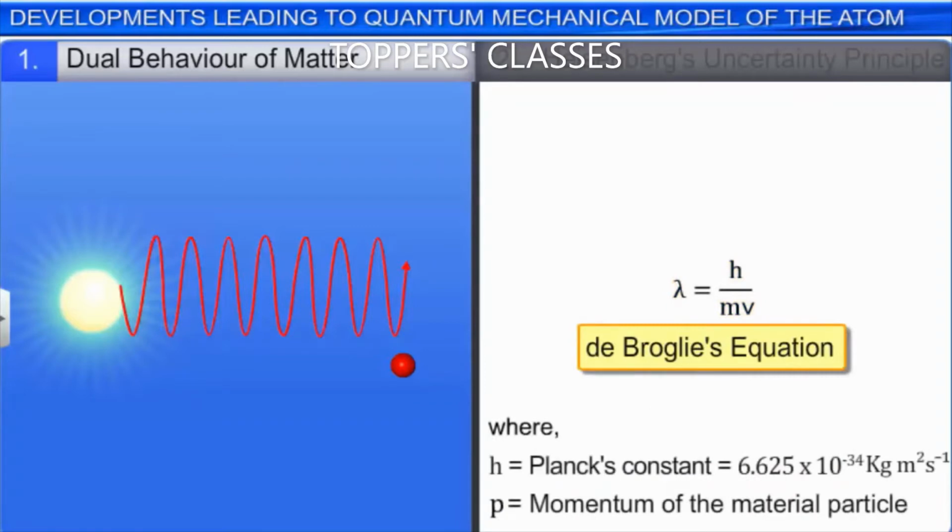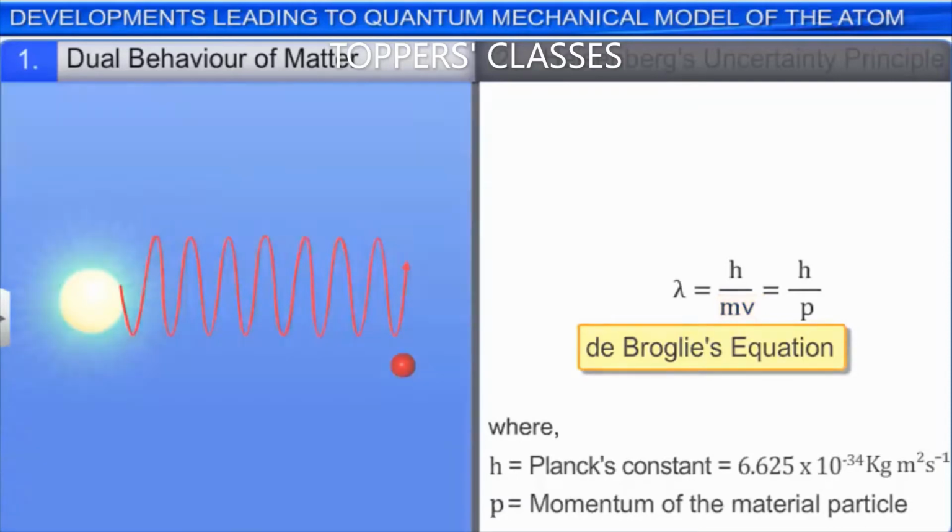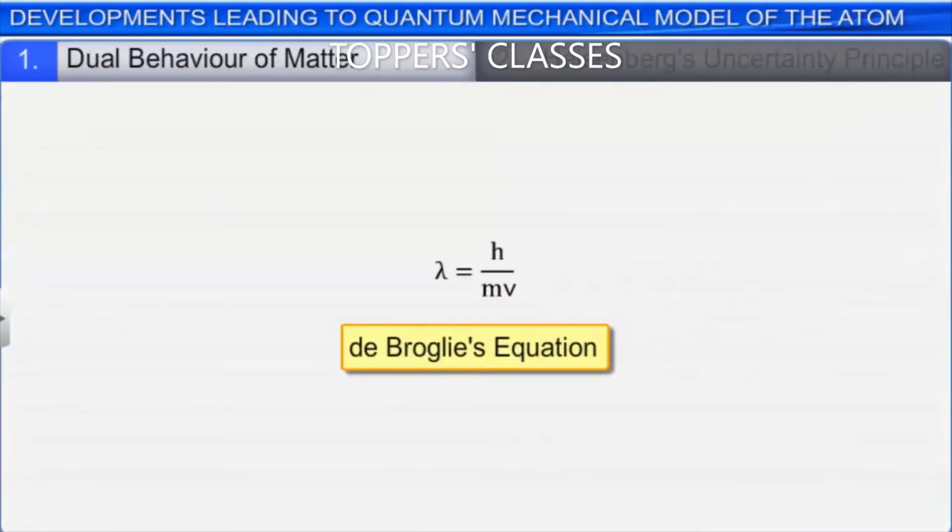Since the momentum of a particle is the product of its mass and velocity, the relation between wavelength and momentum of a material particle can be given by de Broglie's equation. It can be noted from de Broglie's equation that the wavelength and mass of an object are inversely proportional.